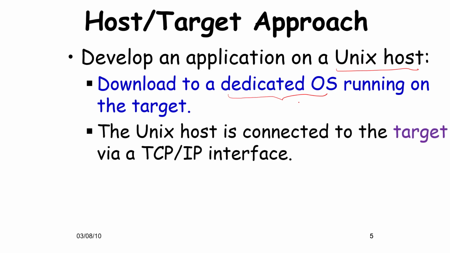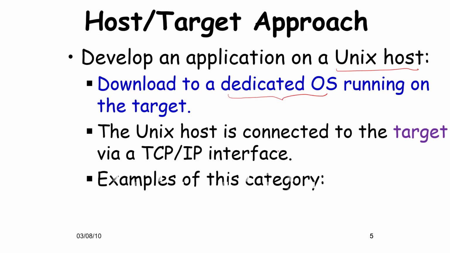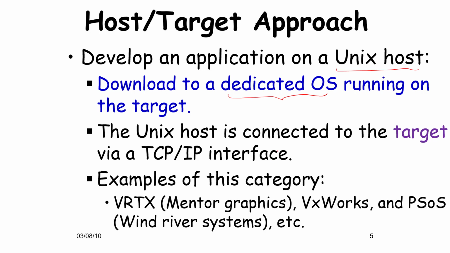That will be running on the target. The host will be connected to the target using a networking interface, a TCP IP interface. So some examples of this category would be the popular operating systems from Wind River Systems, and in fact many more, such as embedded Linux, MC Linux, and so on.